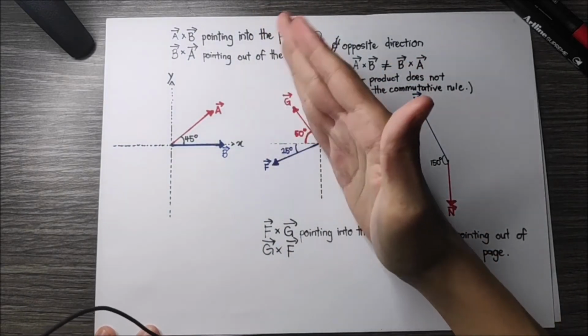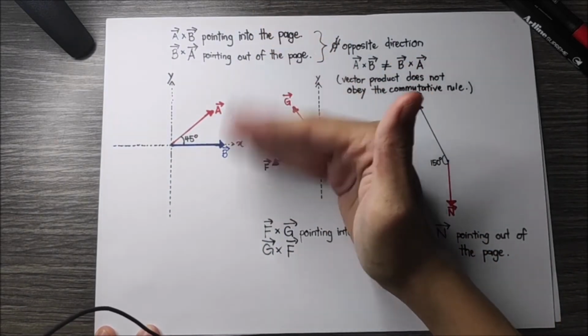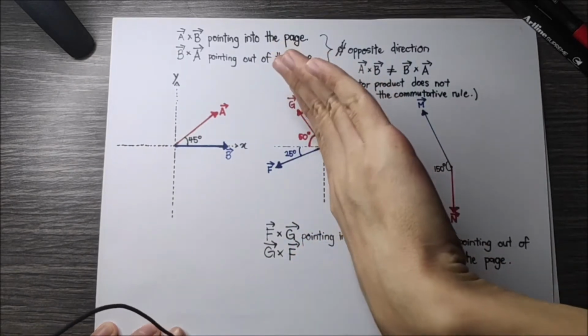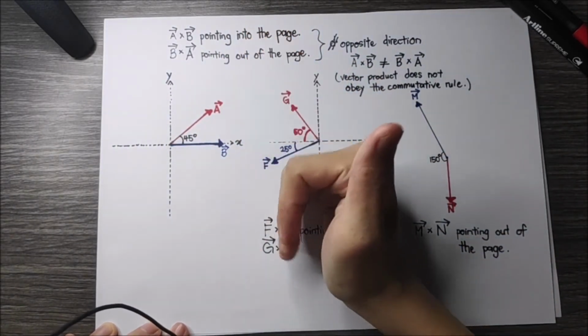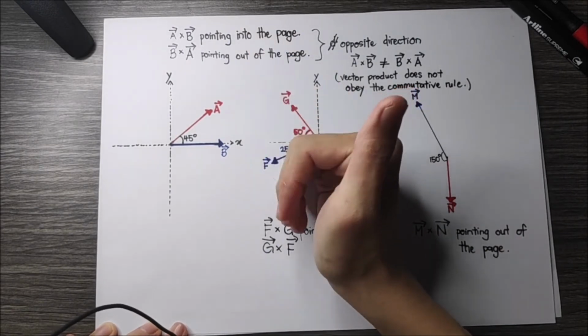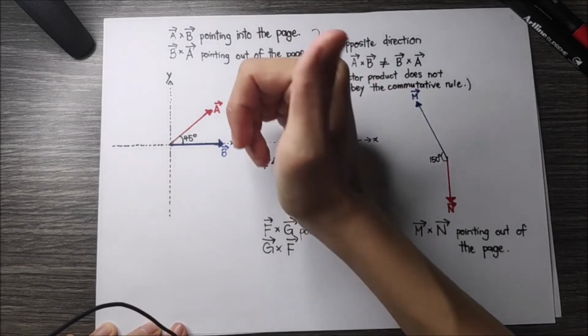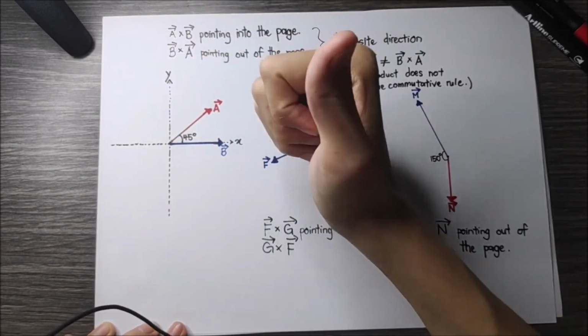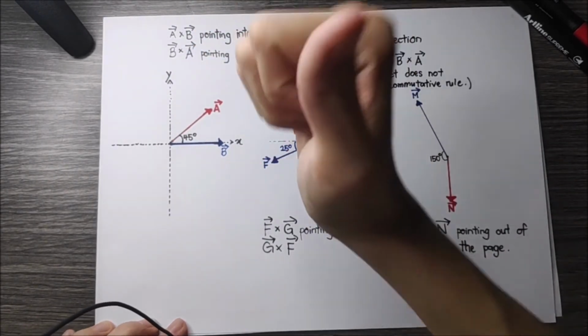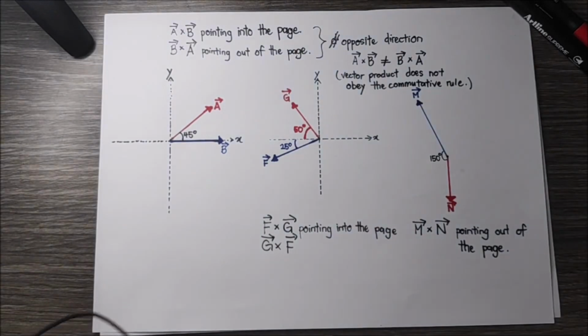Try to swing your hand whether you are able to swing from G to F smoothly. If you go that way, you can't swing smoothly. That's not the natural way. This is the natural way of swinging from G to F. Once you are done, it's correct. So the direction of your thumb will be the direction of the vector product. So this is pointing out of the page.